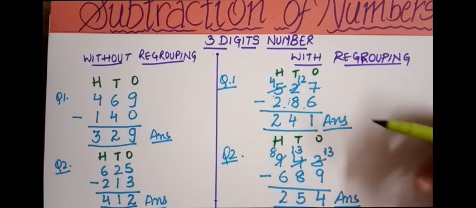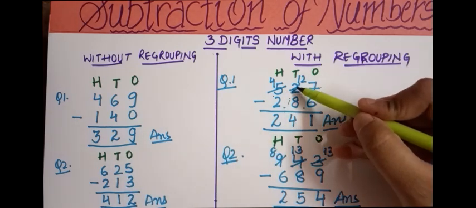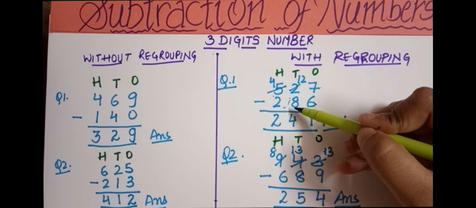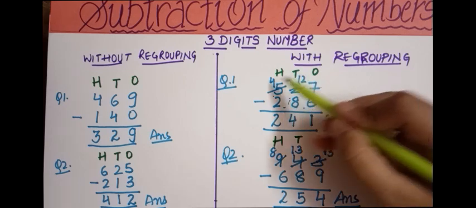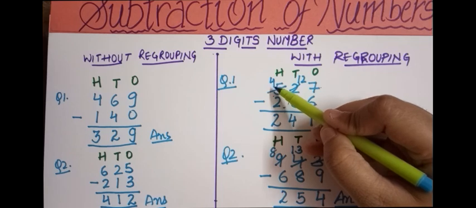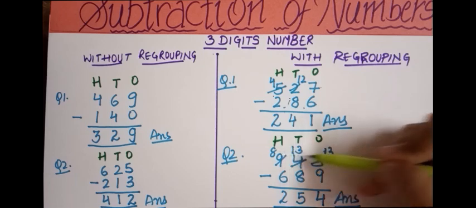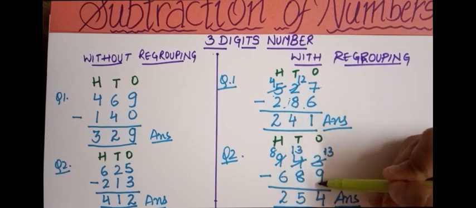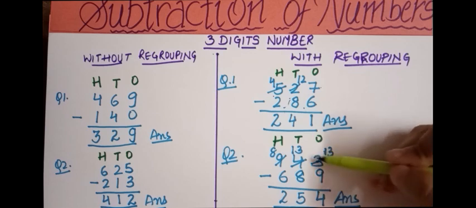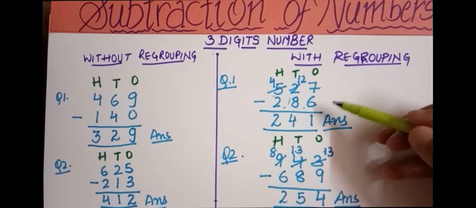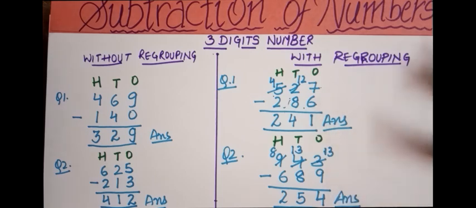But here, if the number at the top is smaller and the number at down is bigger, in that case there is a need to take the borrow from the number that is forward to it. See here also, all the digits at the top are smaller and down digits are bigger. So in that case also, we take the borrow. And then we subtract by counting forward, and you can use any method to subtract.